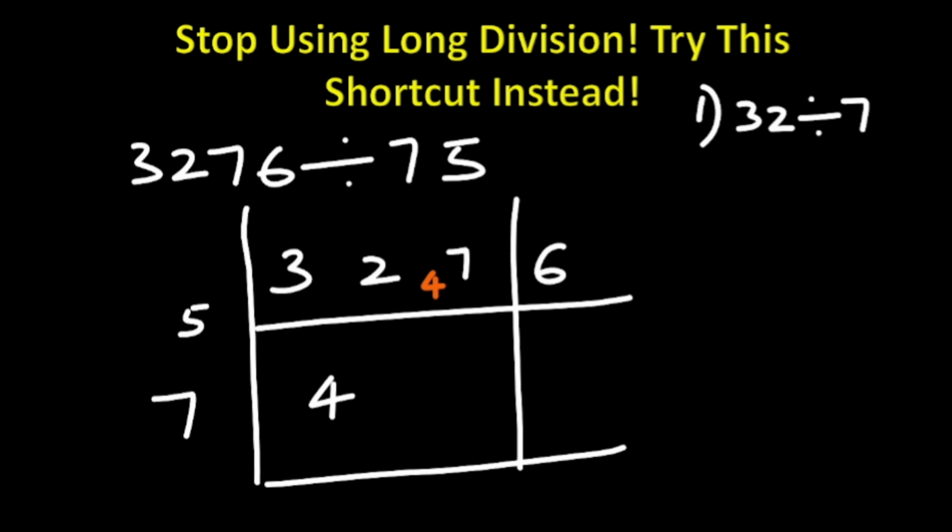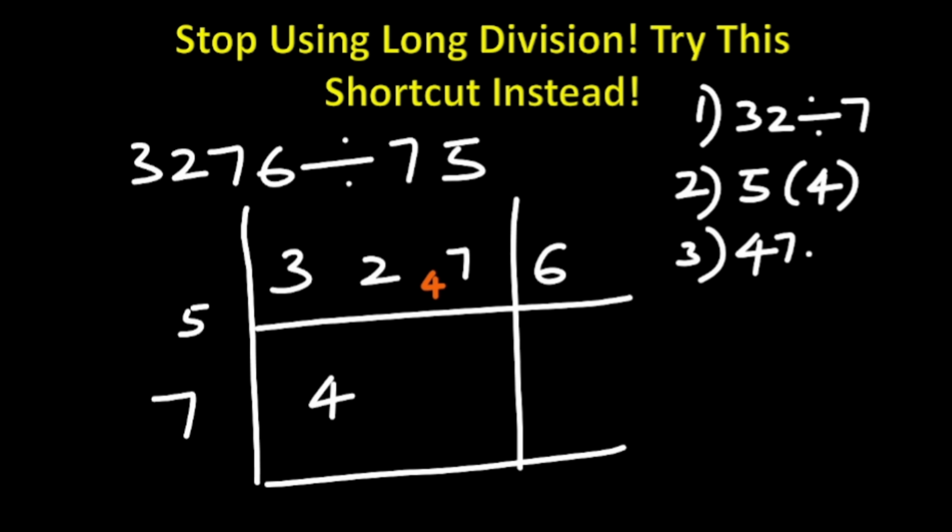And now second step is you take the smaller digit, which is 5, and then multiply by 4. 5 times 4, that's 20, right? And 20 should be subtracted from 47. So 47 minus 20, that becomes 27.